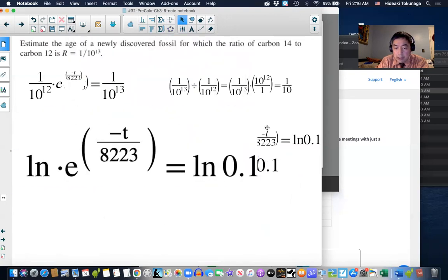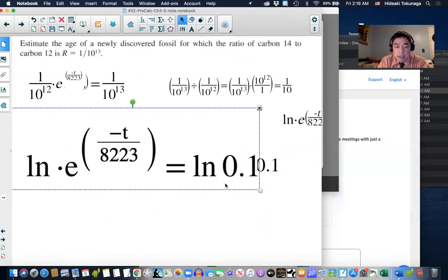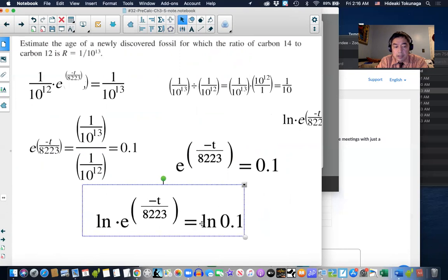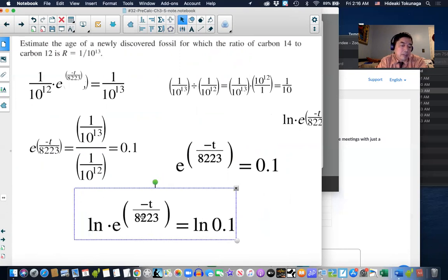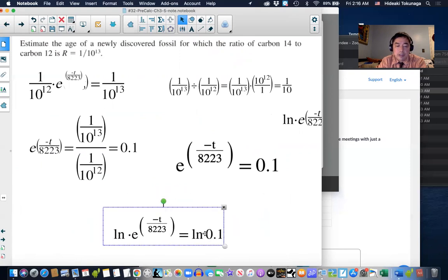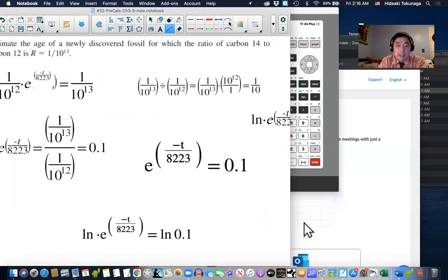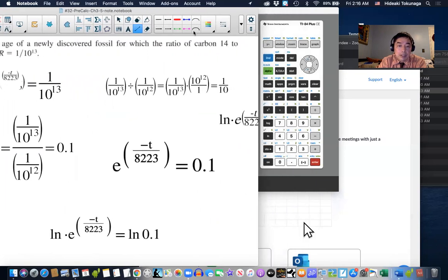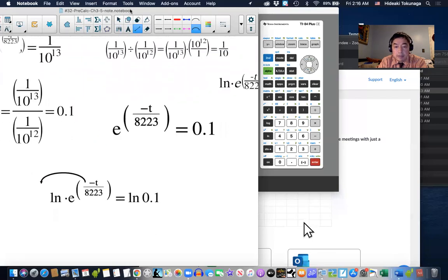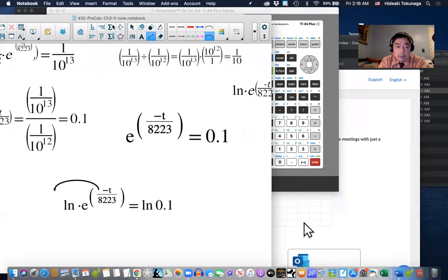See, it looks like a multiplication, so I will put this on the side. Now, with the natural log, you can put this on the front because of the natural log sign here. So now I can write down this crazy information here.